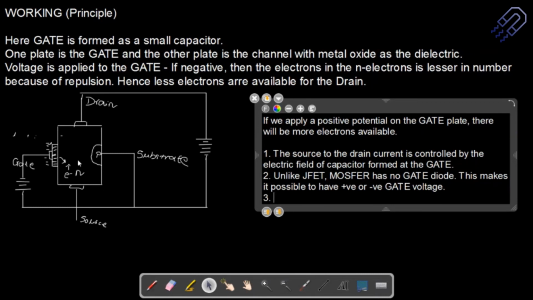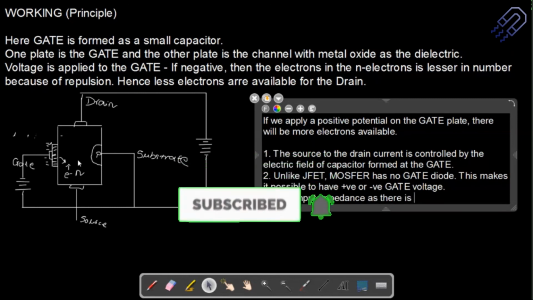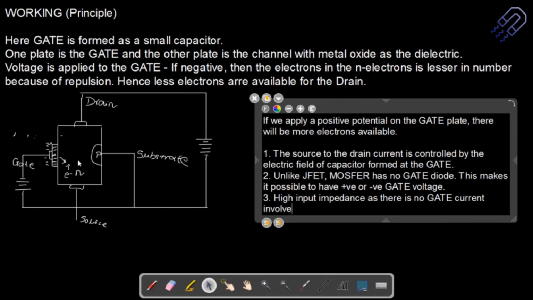That means we can consider this a high input impedance device, as there is no gate current involved. The gate potential will only control this part. There is nothing flowing from this end to this end, because there is an insulator in between.